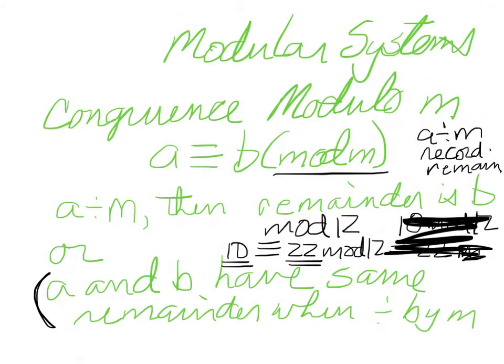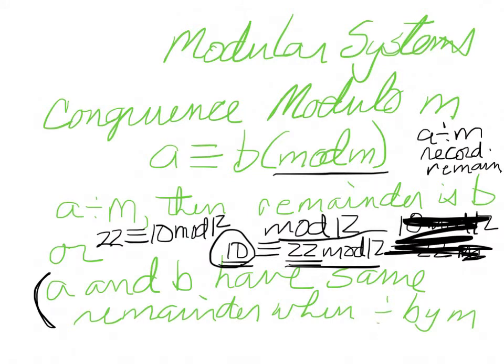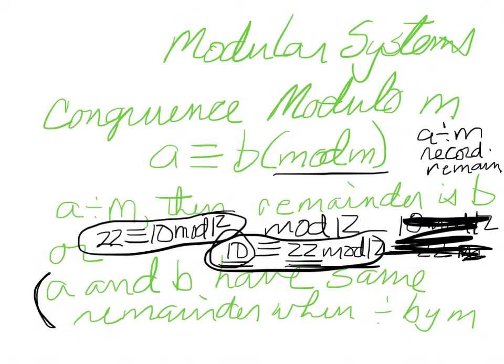So why does that make sense? Well, mod 12 means I divide 22 by 12, which is equal to 1 with a remainder of 10. So this is equal to the remainder right here. And that's one way to say it. I could say it the other way: 22 has a remainder of 10 when I divide by 12. So this would be like the arithmetic problem, and then this would be telling me what the remainder is.